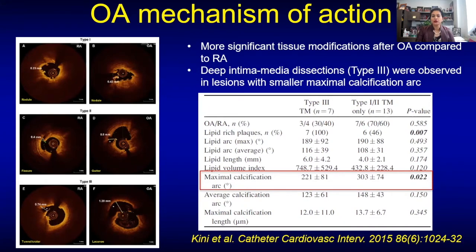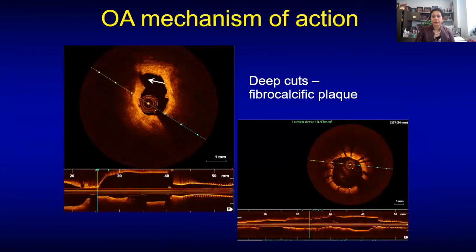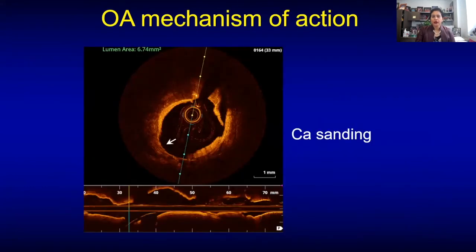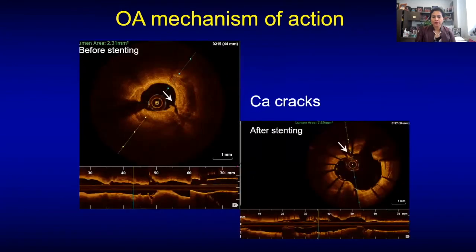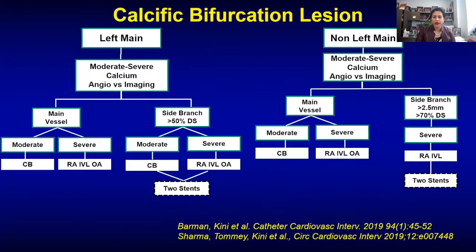When you had a smaller arc, then you got a deep intimal dissection, which we called type 3. These are the deep cuts that you see here with the OCT, calcium sanding when you do OA, as well as the calcium cracks that you see when you do OA.